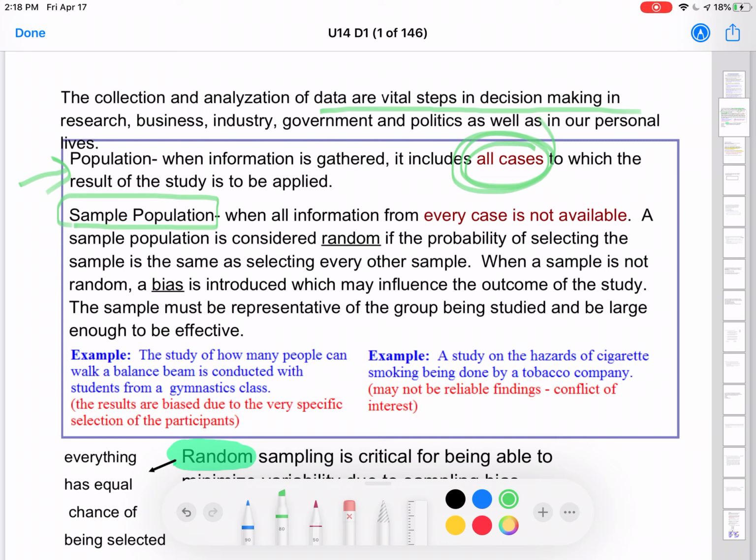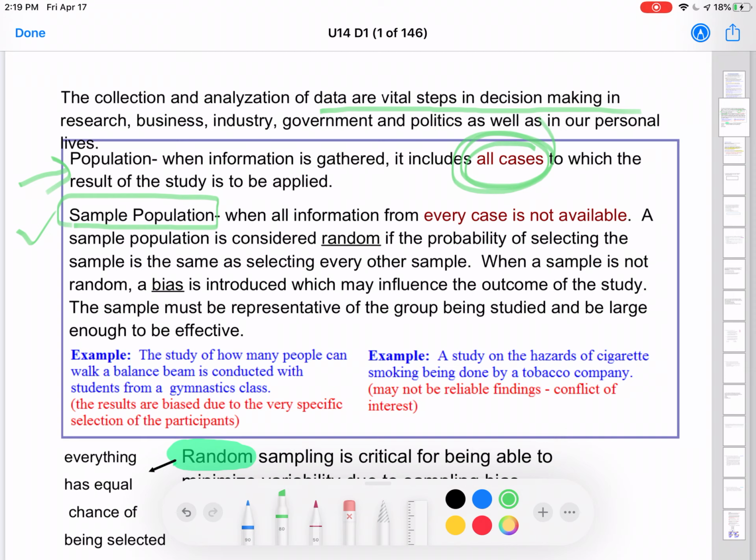All right, so let's go back to the sample one, because this is the one that happens most often. When all information from every case is not available, a sample population is considered random if the probability of selecting the sample is the same as selecting every other sample. When a sample is not random, a bias is introduced, which may influence the outcome of the study.